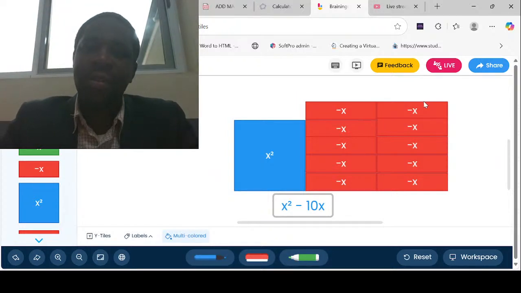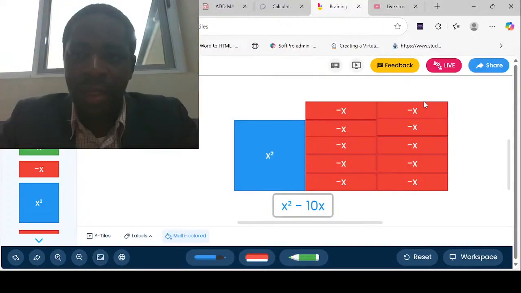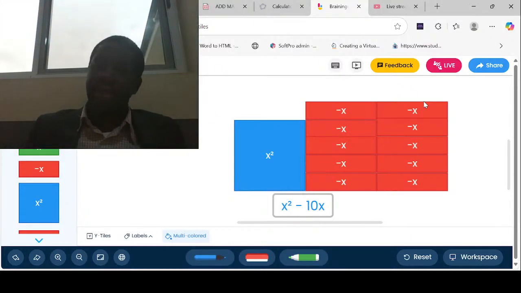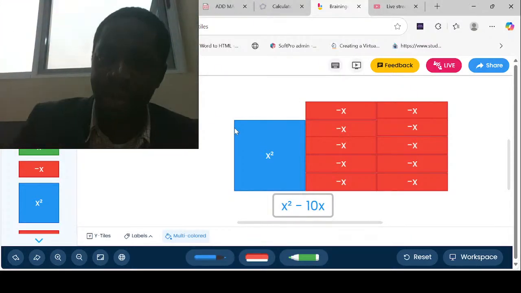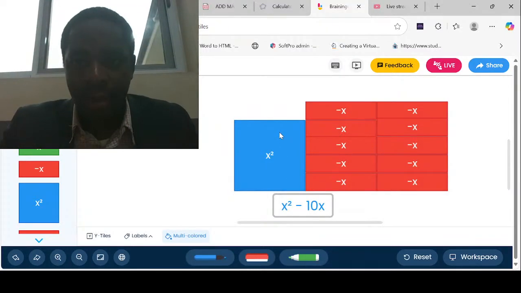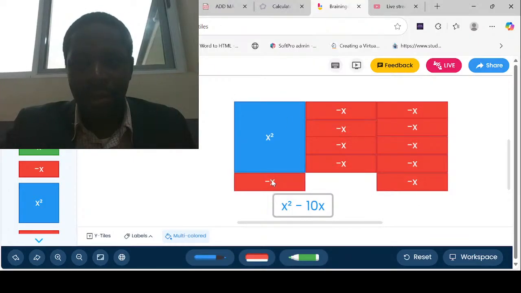For me to have a perfect square, my length and my breadth have to be the same. So the whole shape, length, and this x squared means here is x, here is x. Are you with me? And that's what it means. I can even raise it up a bit. Let me bring this one here. So here is x.